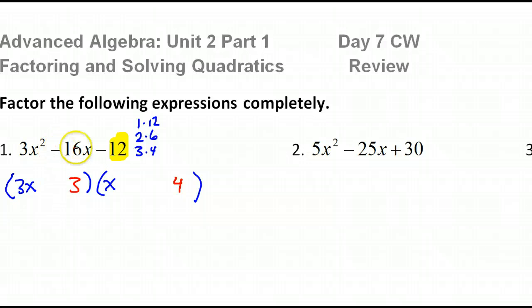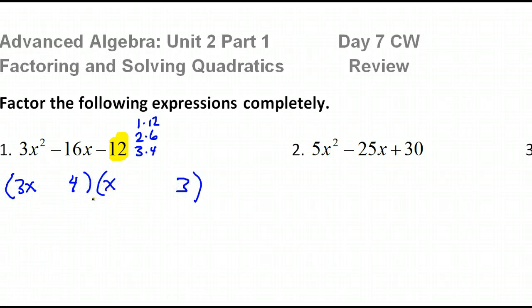Because if there's no common factor in the original problem, there should be no common factor in either parentheses. And if I put the 3 here, that makes a common factor, and that will not happen. So don't waste your time. So if you're going to do 3 and 4, the only way it could possibly work is if we do 4 and 3, because that doesn't create a GCF.